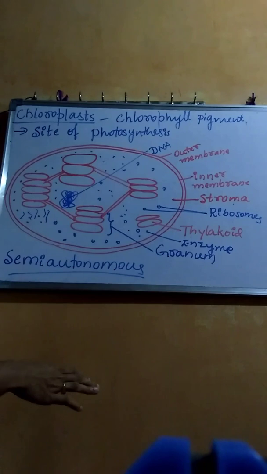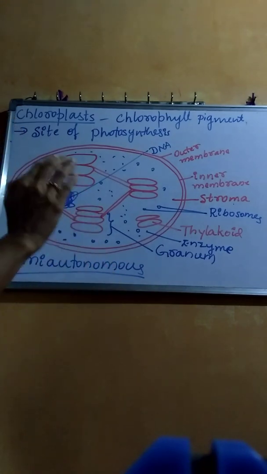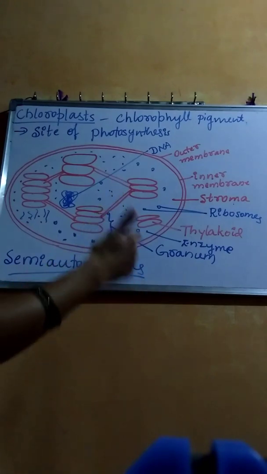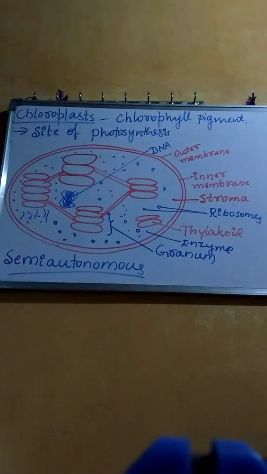Then leucoplasts are the colorless plastids which are helpful in storage of proteins, starch and oils. This is about the structure and functions of plastids or chloroplast. Thank you.